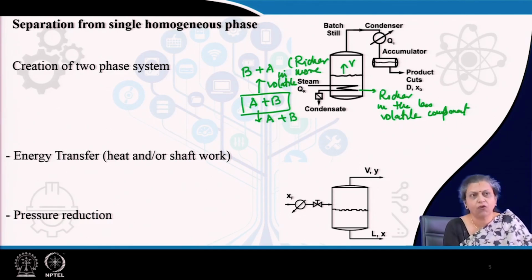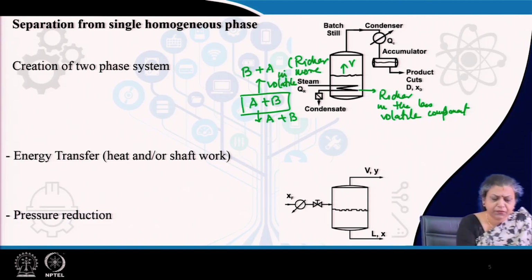The same thing we can also do by partially condensing a vapor feed. If we condense a vapor feed partially, then naturally what we get is a liquid which is richer in the less volatile component, and the more volatile components remain in the vapor phase.